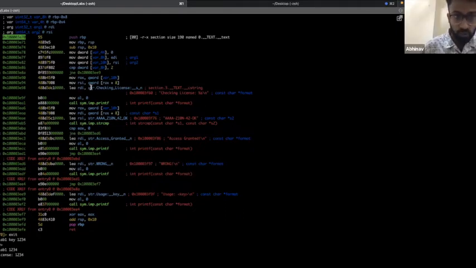Okay, so far so good. And the next two lines are calling the printf statement to then print that value here. Let us see what is happening next after this.